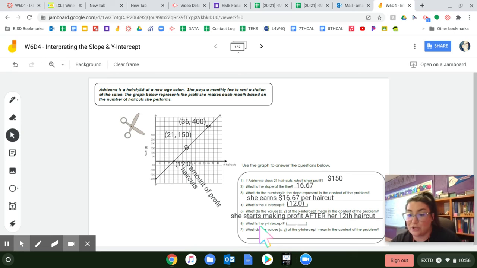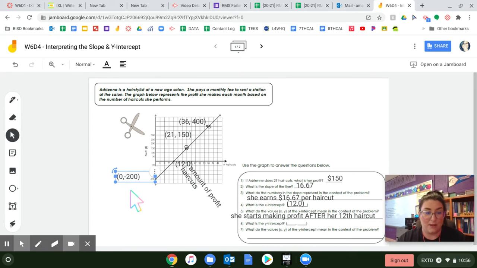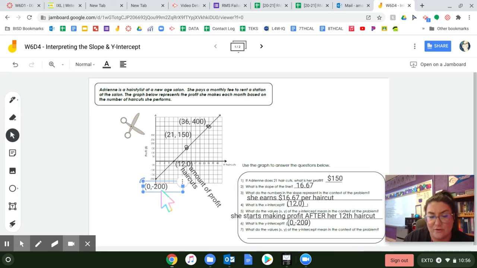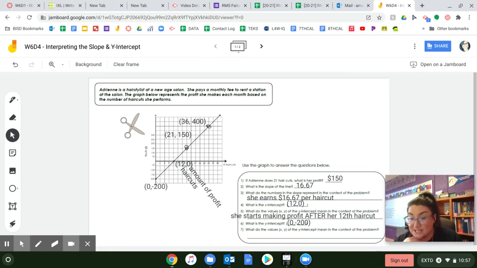Now, the y-intercept is what we usually talk about in math. The y-intercept right here is at 0, negative 200. And that's going to also be our answer for number 6: 0, negative 200. What that's telling me is that at 0 haircuts, her value right now is negative 200. So it kind of goes back to what we were just talking about. Before she cuts anyone's hair, her profit is below 0. She has paid money out.